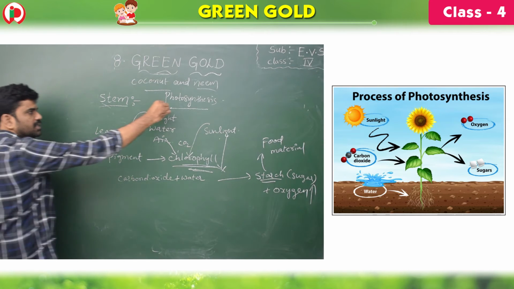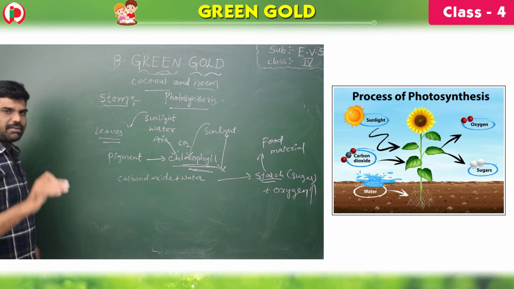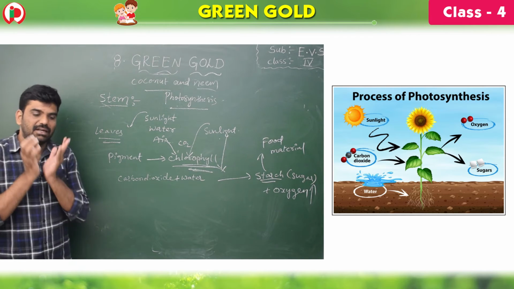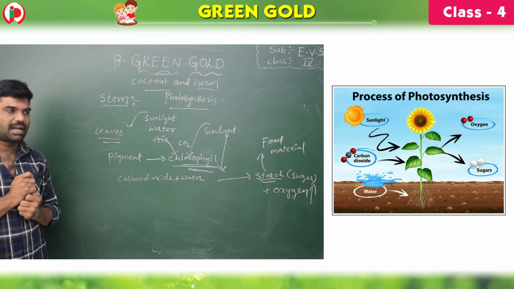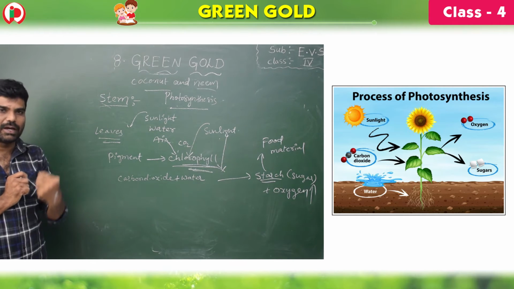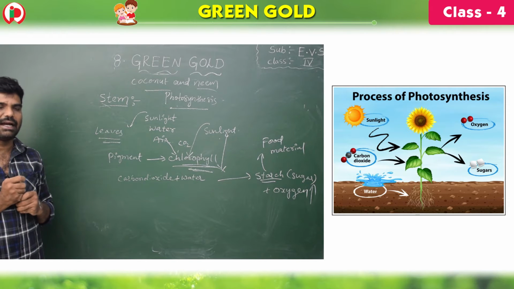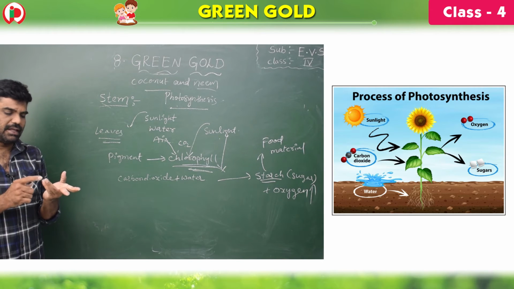So photosynthesis means, once again I repeat, plant leaves have the capacity to trap the sunlight, and they also allow the air and water. In the air, carbon dioxide, water and sunlight, chlorophyll.